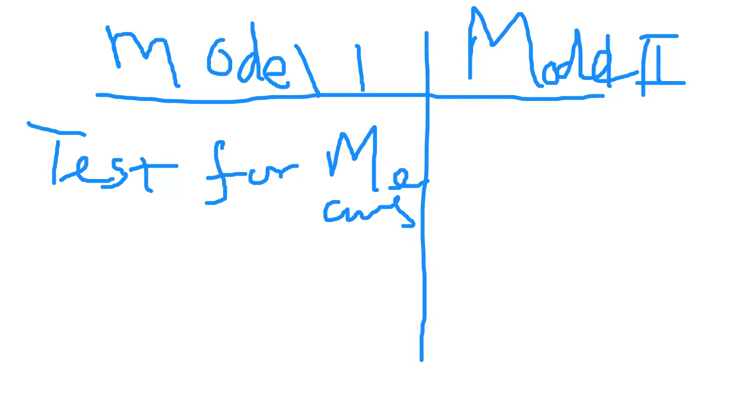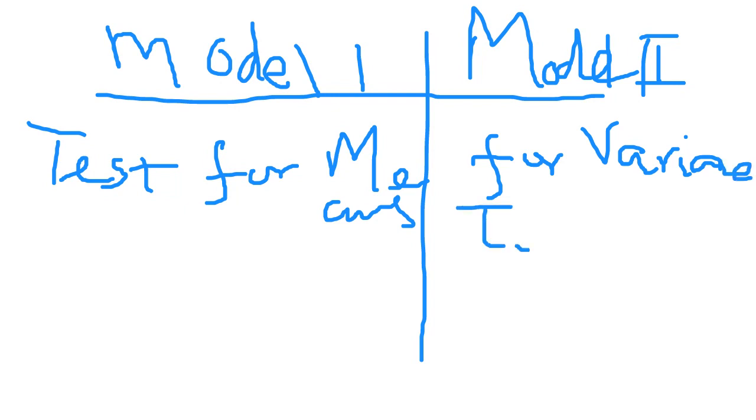Model 2, you test for variance, not just the variance of tau i. When you write the hypothesis for this one, you say, if I say model 2 is appropriate, it means this is what we are testing: sigma squared tau equal to 0.